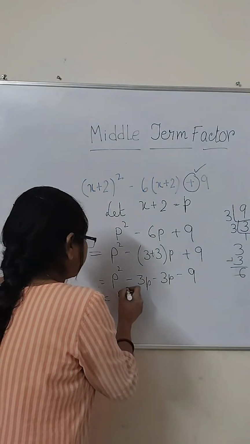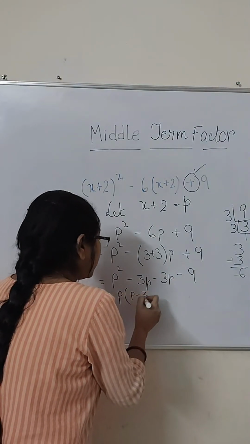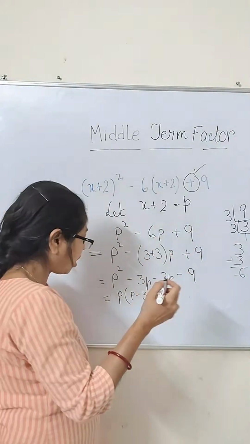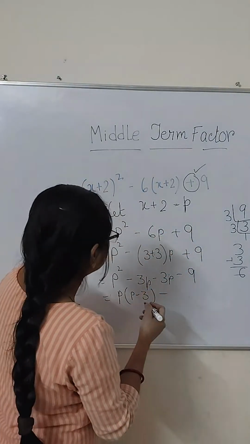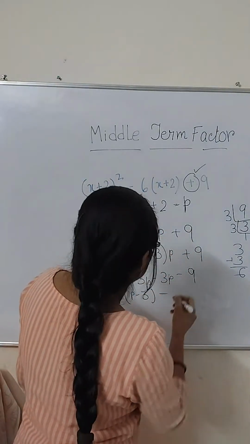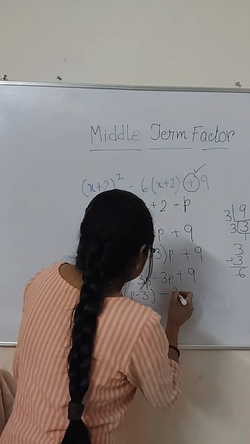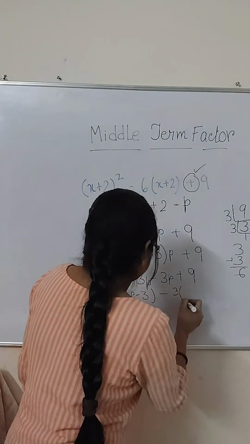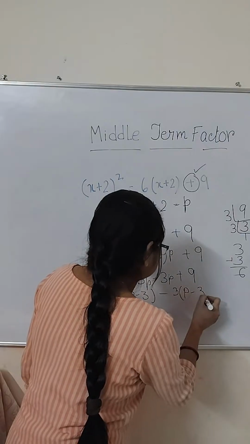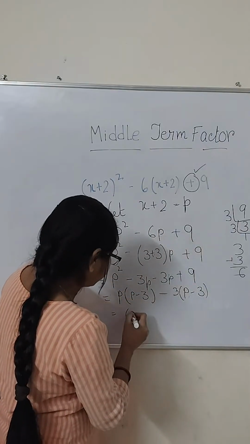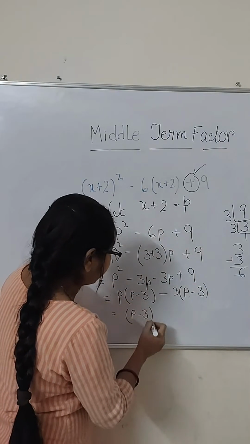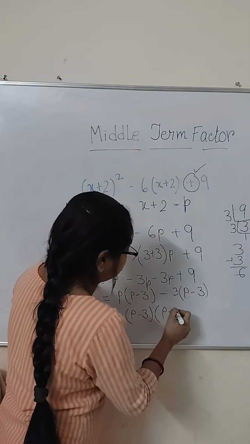Common is p, p minus 3, and there is minus 3 common. p minus 3. So, one is p minus 3 and another one is p minus 3.